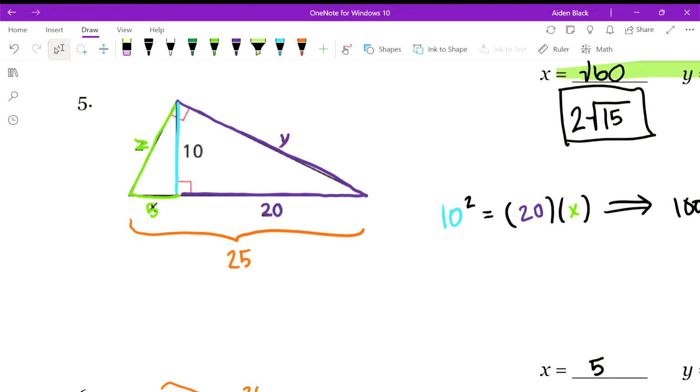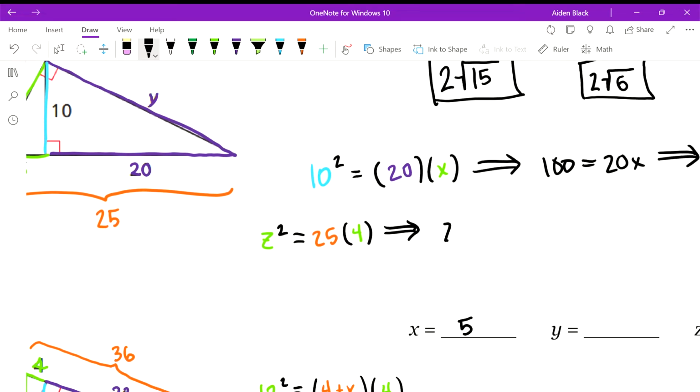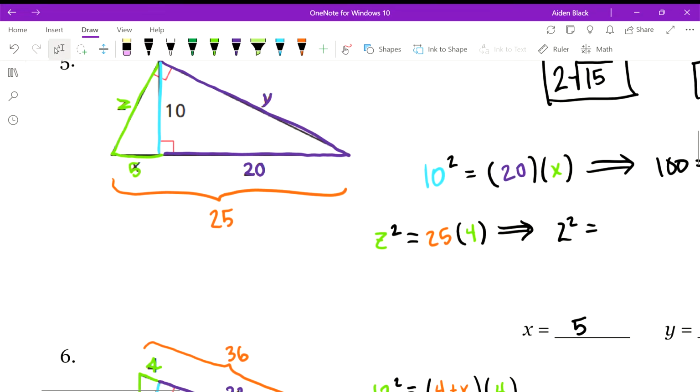This actually makes it much easier. So now we can get our legs. Z squared, our leg squared, is equal to the whole hypotenuse times that part of the hypotenuse that is adjacent to the leg Z. So Z squared, let's see, oh, this isn't 4, this is 5.